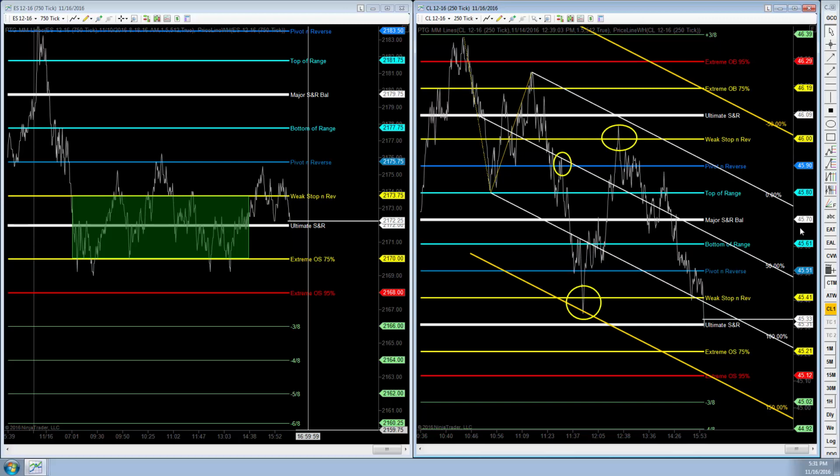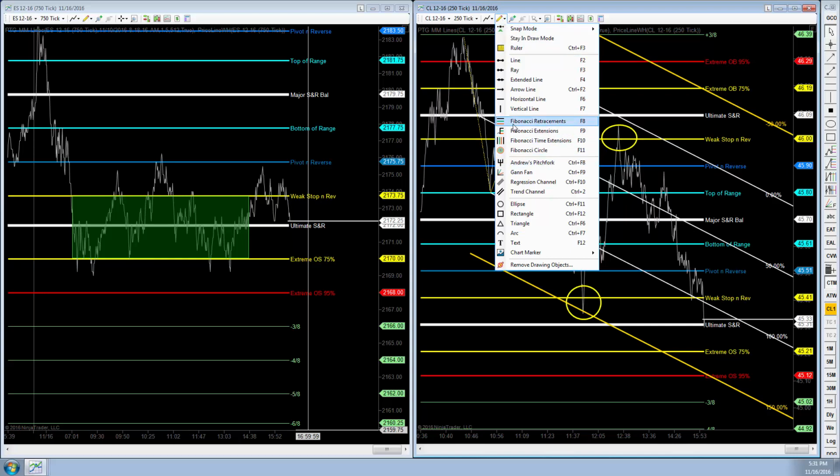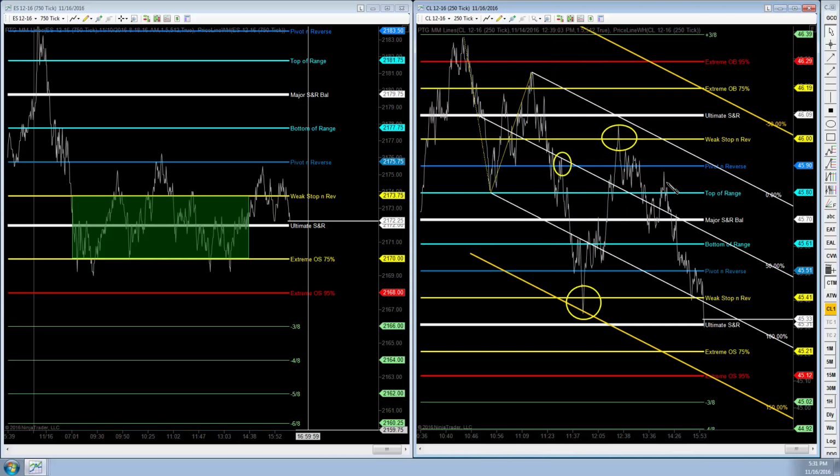Now, crude oil has quite a bit of volatility, but the same concept applies. Look for prices near those Murrey lines, and then look for them to pivot. That's where your greatest opportunities are going to be.